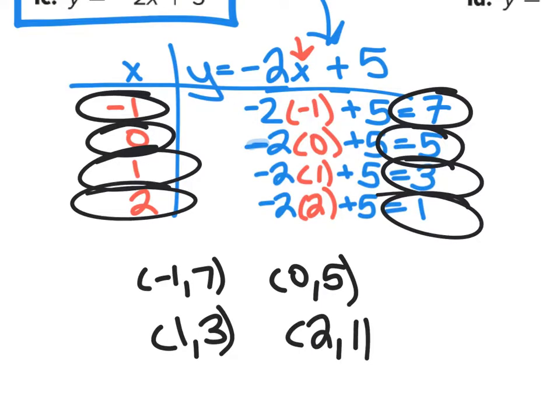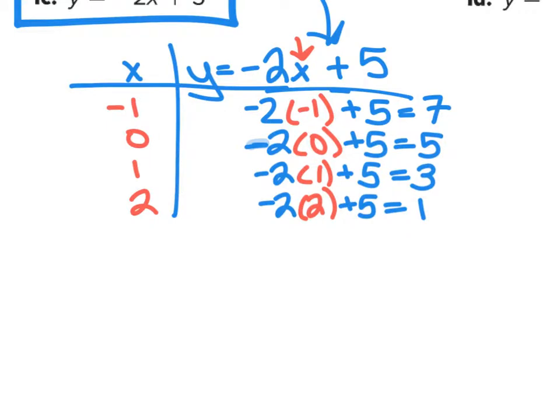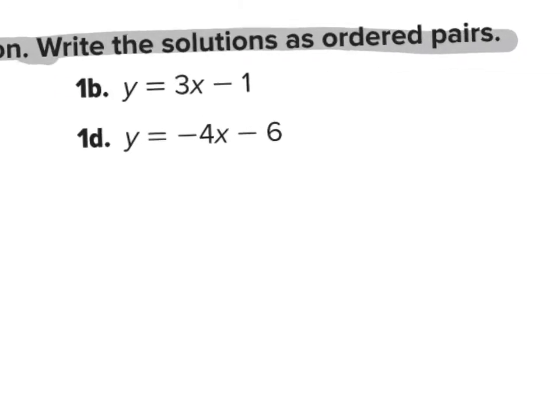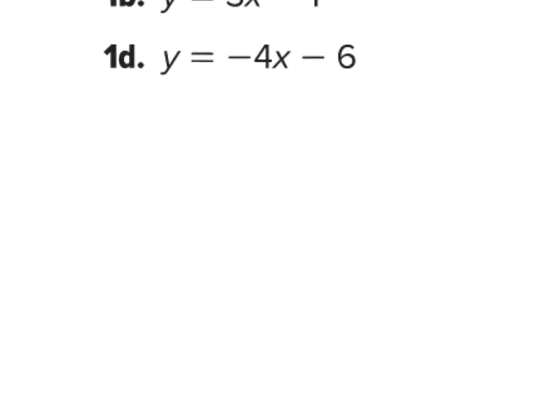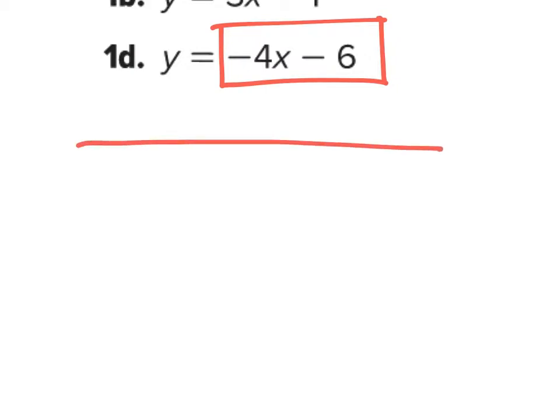All right, so for our last example for today, we are going to try one more. My last function is y equals -4 times x minus 6. So I'm going to make my function table. The x's are -1, 0, 1, and 2.